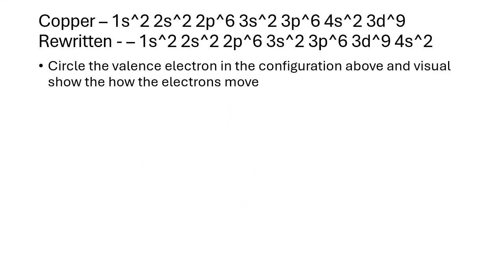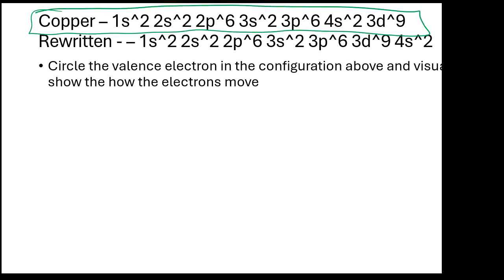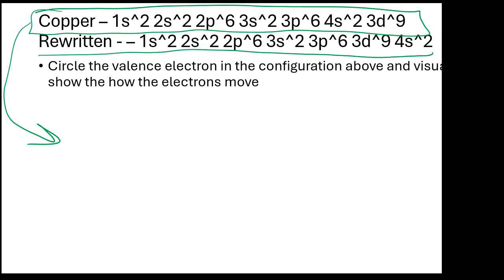If you had to write the electron configuration for copper, students are going to most of the time write this top one. But if you Google it, you're going to see it often rewritten like this, where essentially the biggest number is written last. So that d goes here. Now, I don't care which way you write it, but if I have these circled valence electrons, it's going to be the amount of electrons that are in the highest principal quantum number, which is the front number.